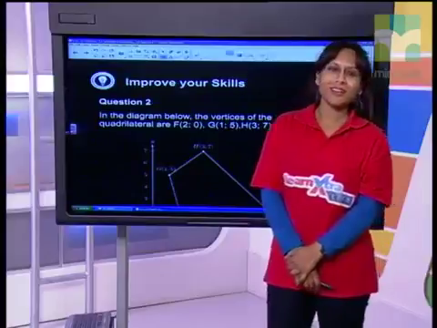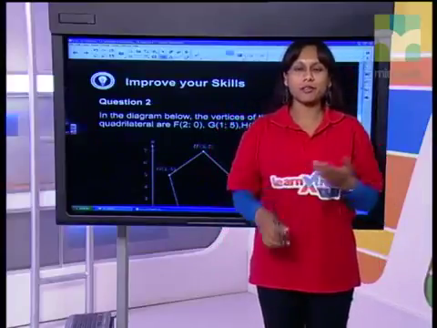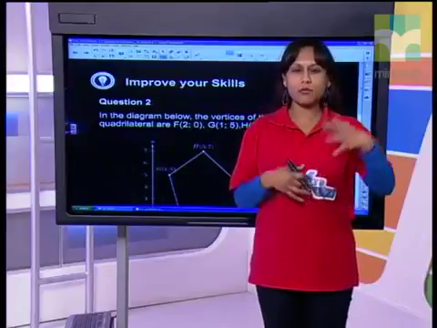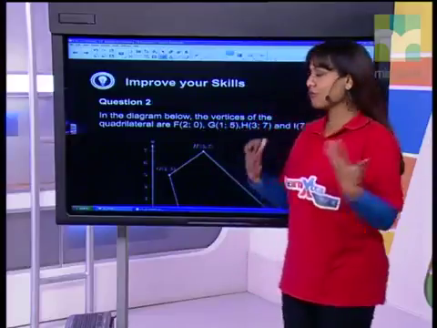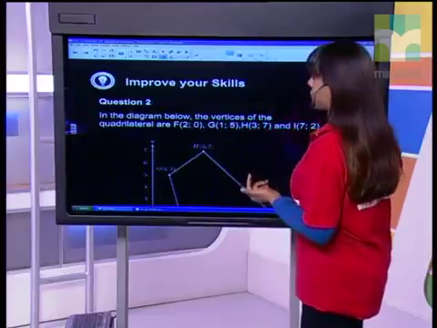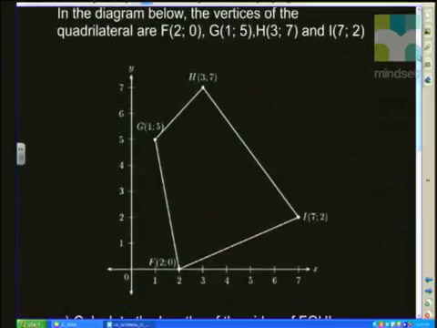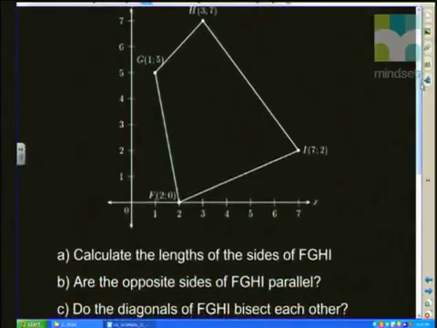All right, guys. So we're back now with a couple more questions. We've done a bit of midpoint formula. We're ready to use the distance formula, the gradient formula, and let's apply everything into one big question. This is question 2. In your diagram, you've got the vertices of quadrilateral FGHI given, plotted nicely on a plane for you.